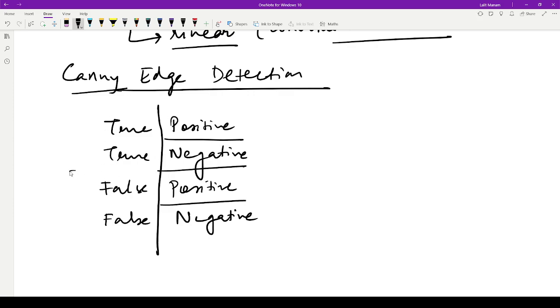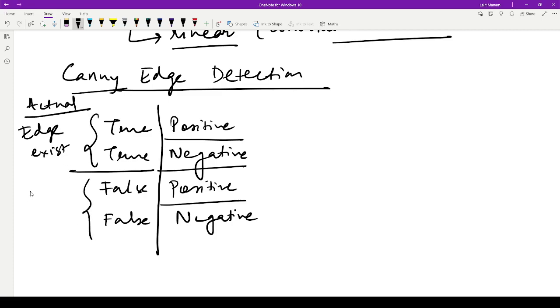But first we'll divide it here. What do you mean by true? Whatever you're trying to do is actually out there. It's not specific to this context, but in this context, true means the edge exists. So this is the actual scenario that the edge exists. Here the edge does not exist.